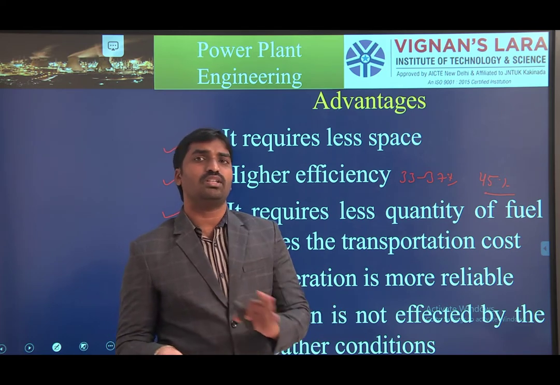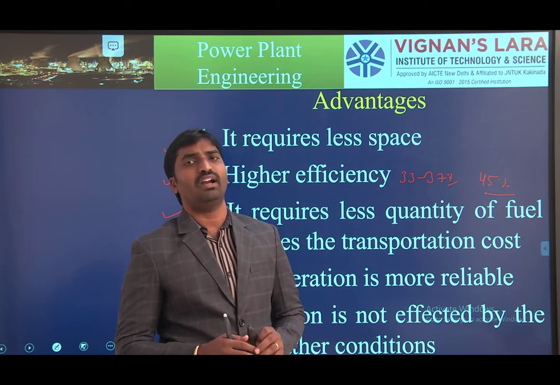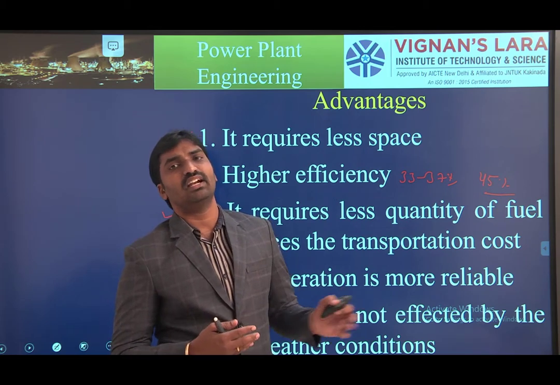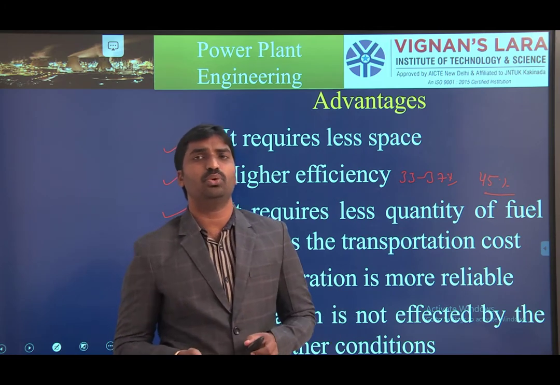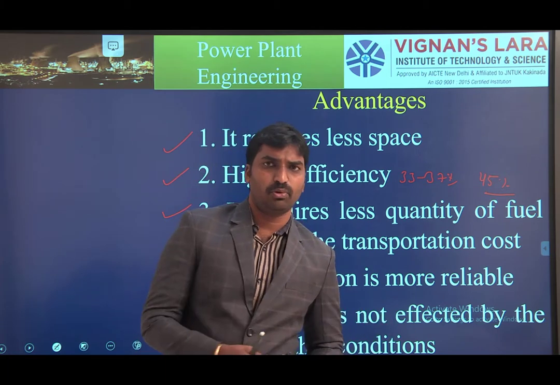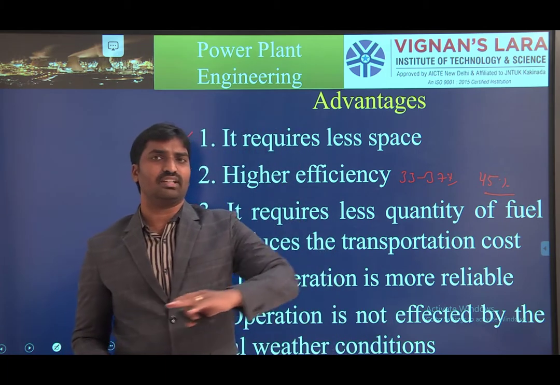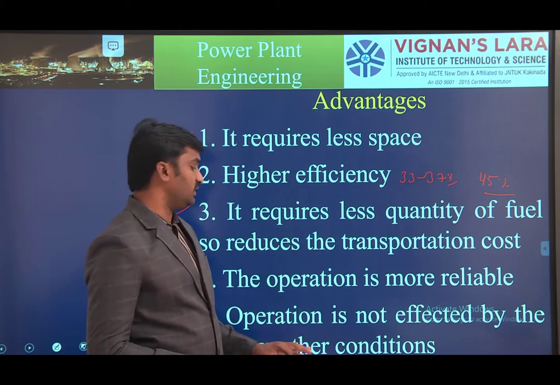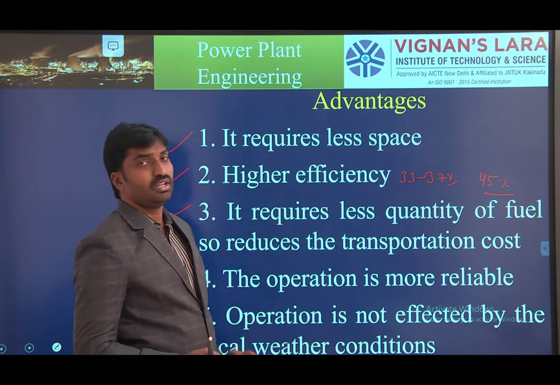And in a coal steam power plant, the availability of coal depends on weather conditions. In the rainy season, you have to provide a waterproof cover for all the coal. But here, weather does not affect nuclear power stations much.